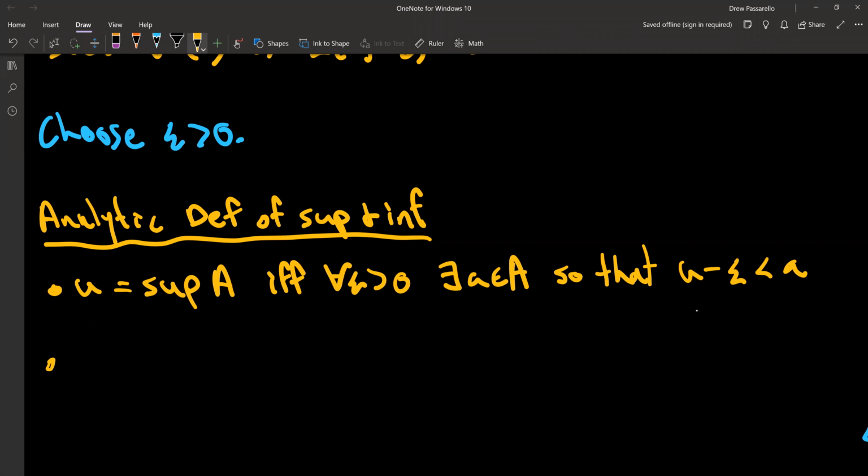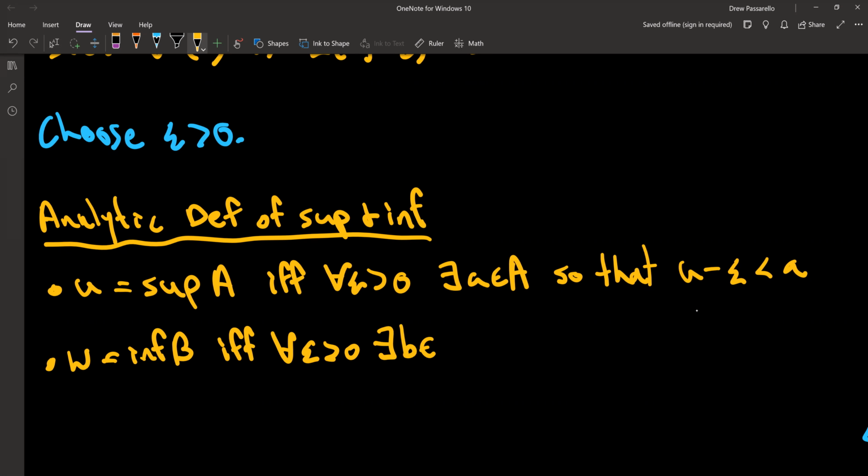Now for the infimum, let's say W equals inf of some set B, if and only if for all epsilon, there exists a b in B. Sorry about that, my cats are fighting, but got it settled now.